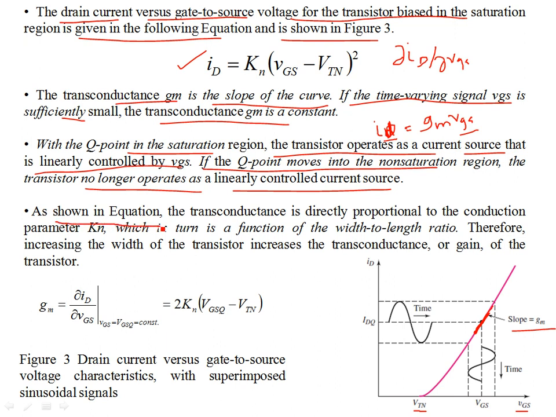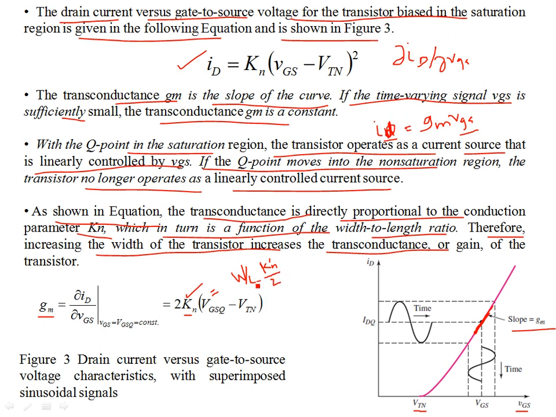Then, as shown in the equation, the transconductance is directly proportional to the conduction parameter Kn, which in turn is a function of the width to length ratio. Therefore, increasing the width of the transistor increases the transconductance gain. Kn is given by W by L times the electrical parameter Kn prime, which consists of the mobility and the oxide capacitance, divided by 2.